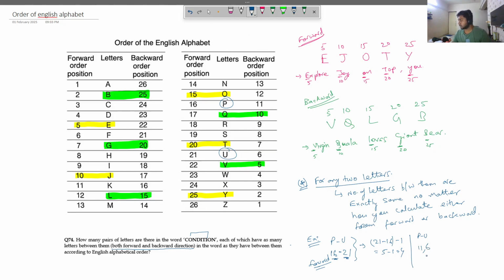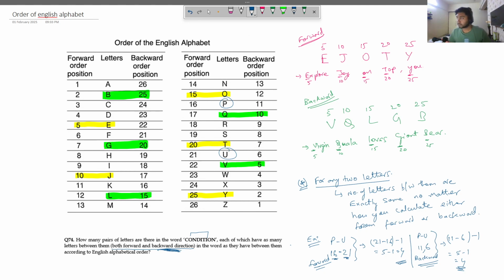So the number of letters between them would be 11 minus 6 minus 1, which is 5 minus 1, that is 4. So no matter whether you consider forward or backward, it does not matter. This line is given only to confuse you.